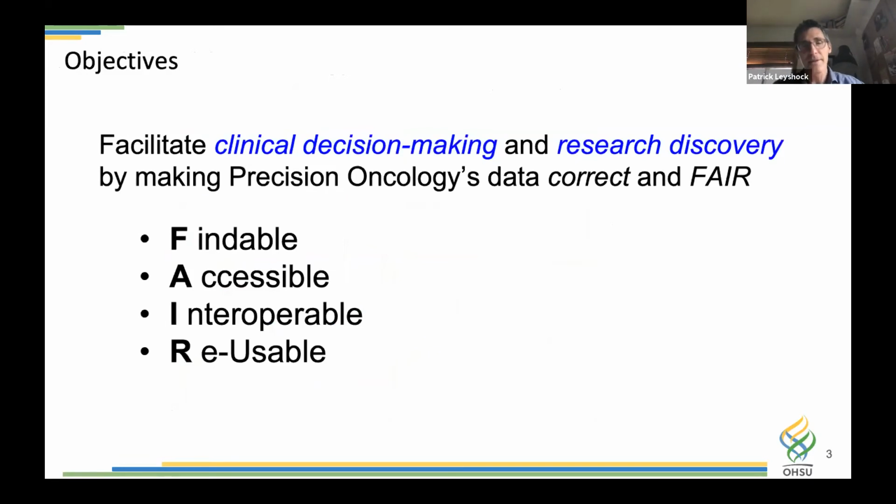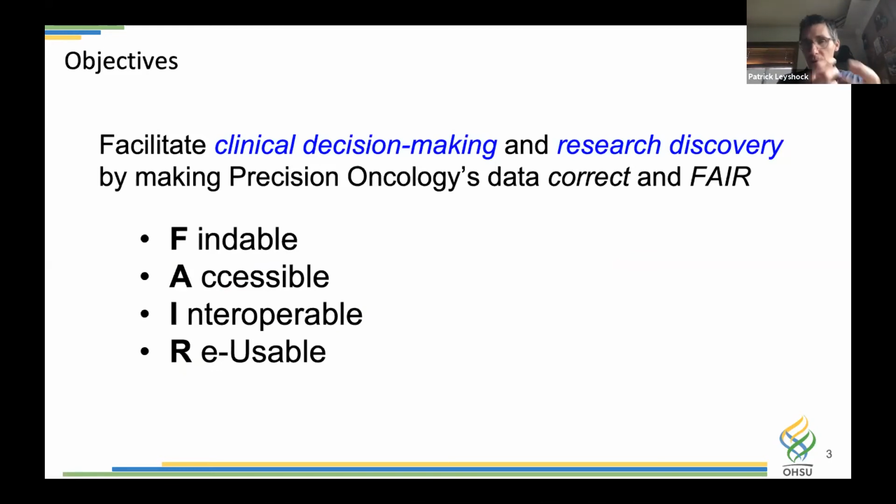Broadly, I won't read this off to folks, but this is the charge, the mission of our team. I'll call out in blue here the two main groups of folks we support. We're going to go into a little bit more detail in a few minutes, but roughly, physicians, doctors, are the ones who need good, accurate, correct, and complete data to make clinical decisions.